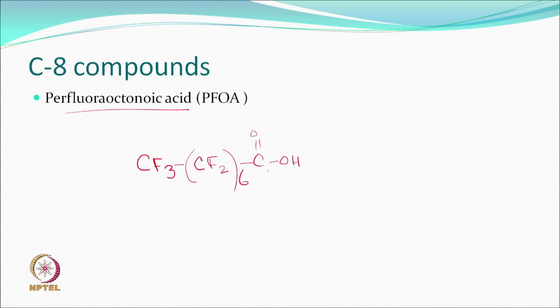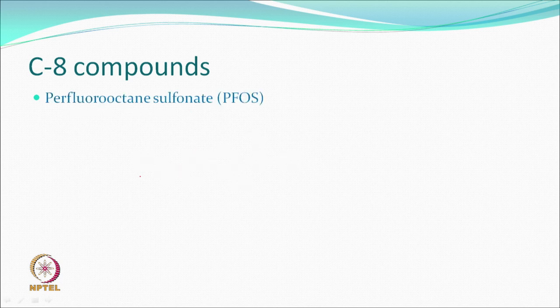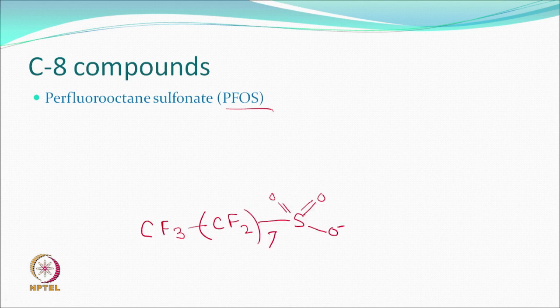C8 they are called because one is here, 6 are here, and 1 here, total carbon are 8 carbon, right. A similar compound which is called the PFOS sulfonates, they can also be reacted, so that they become the branches of the main chain, which could be based on the acrylic or, as I said, urethane based polymers, something like this.